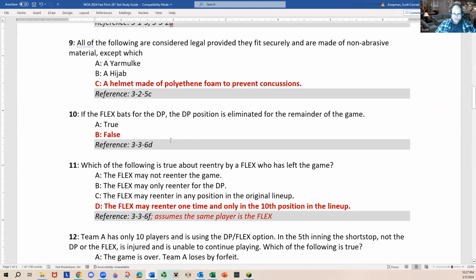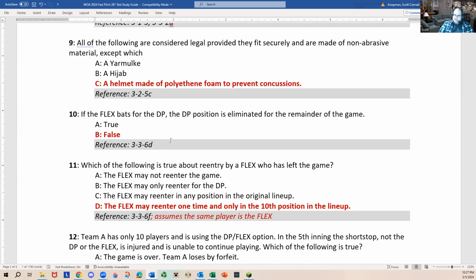Question 9, all of the following are considered legal provided they fit securely and are made of non-abrasive materials. So we're looking at equipment here, which is a yarmulke, a hijab, or a helmet made of polyethylene foam to prevent concussions.